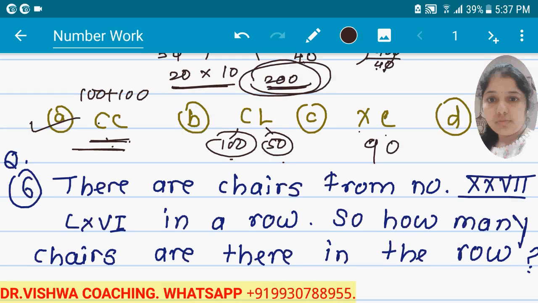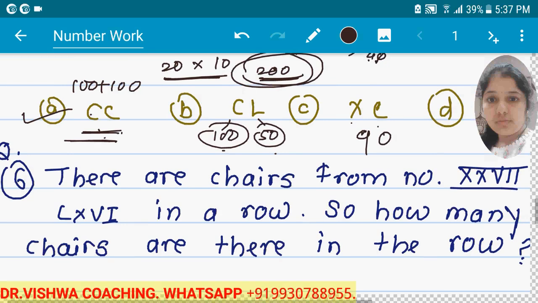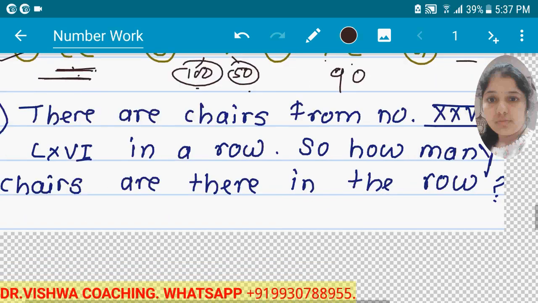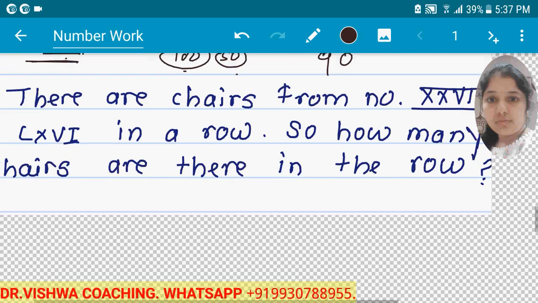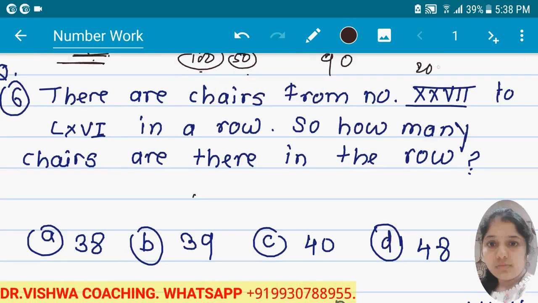Now the next question. Now next question is a little bit tricky. Now see, there are chairs from XXVII to LXVI in a row. So how many chairs are there in a row? Now first discover what is meant by XXVII. XX means 20 and VII means number 7.